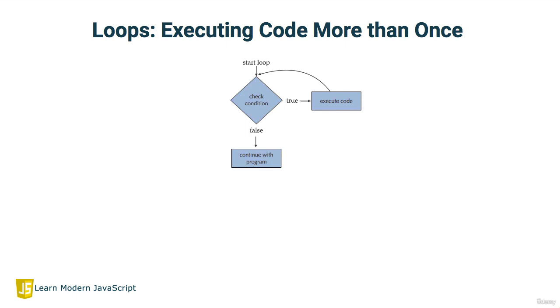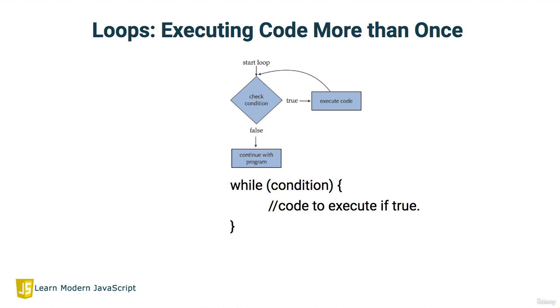So let's look at a sample while loop and how it would be set up in JavaScript. So we first have the keyword while, which is a reserved word in JavaScript. We then have, inside of parentheses, the condition to check whether something is true or false. Then we have curly braces.